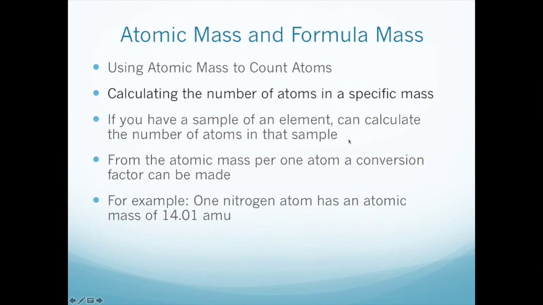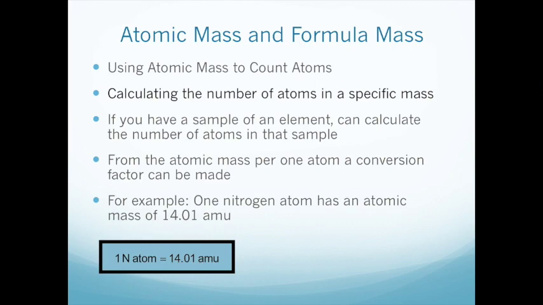Say you have a sample of an element and you have a mass for that element that you've measured with a balance. You can determine how many atoms are in that sample using the conversion factor of the atomic mass. For example, nitrogen has an atomic mass of 14.01 AMU. And it's important to remember that this is nitrogen atoms, not nitrogen molecules, which have twice that mass.